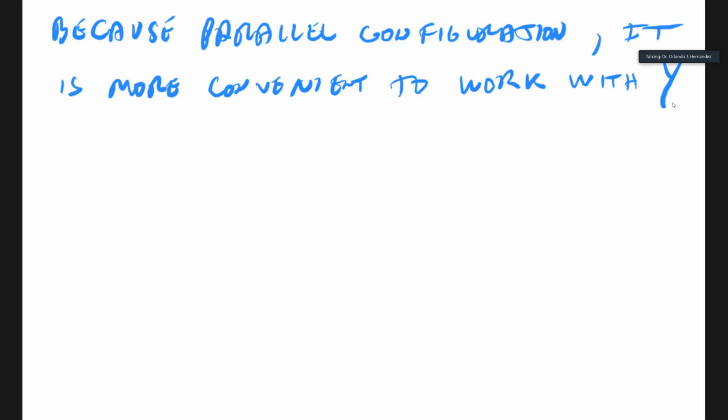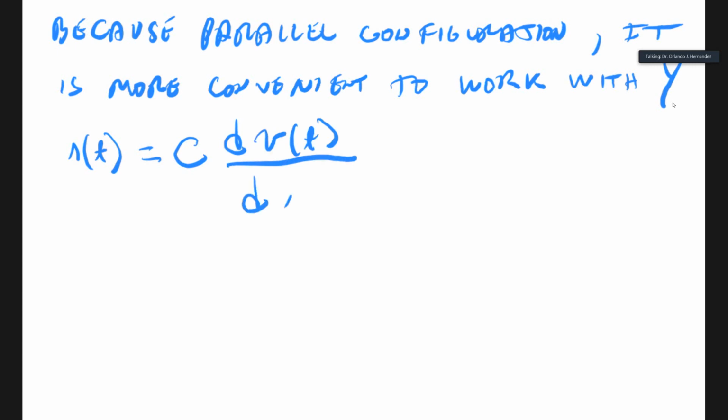So we know that the current in a capacitor is equal to the capacitance times the derivative of the voltage across it, and we know that the voltage across an inductor is equal to the inductance times the derivative of the current through the inductor.